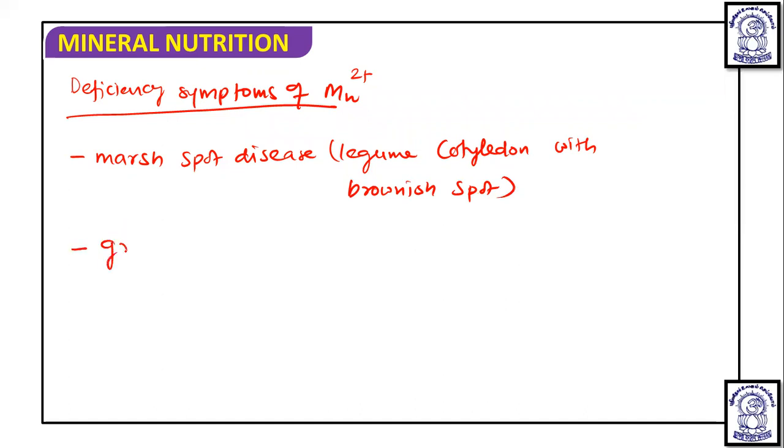When gray spots are found on the leaves, that is a deficiency symptom of manganese.